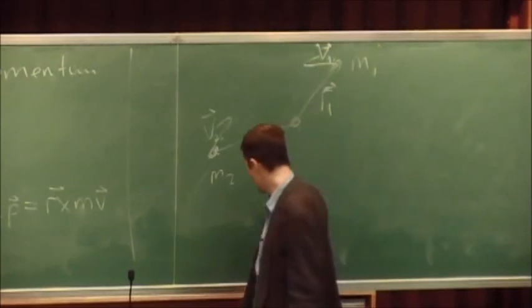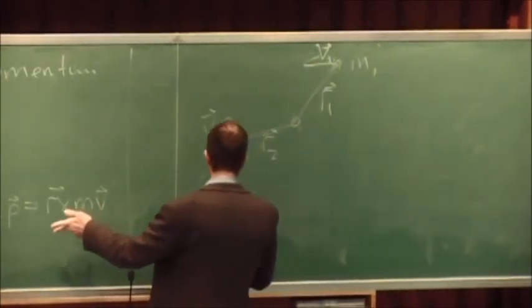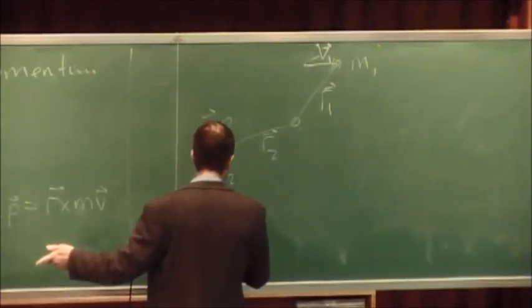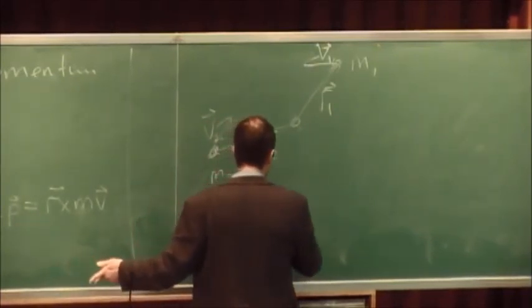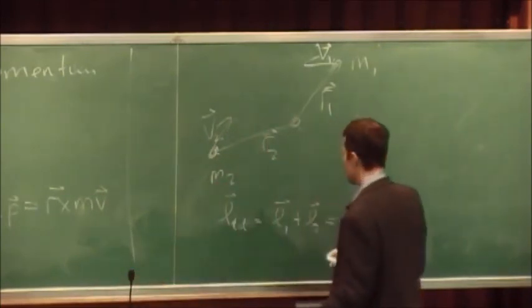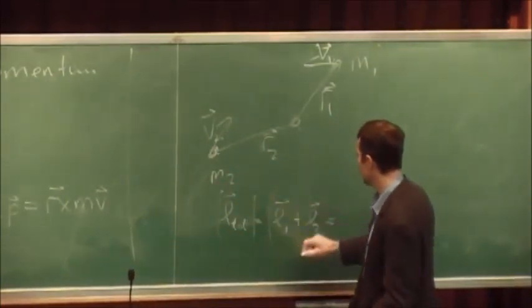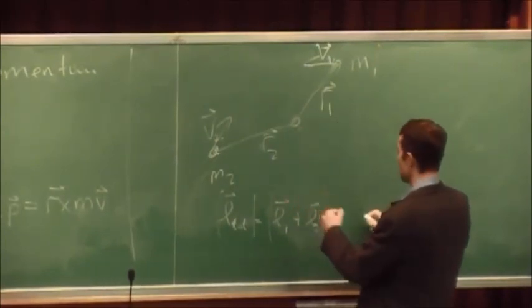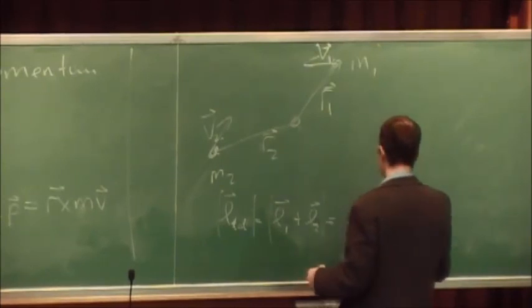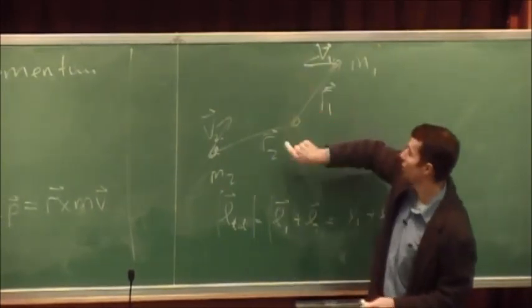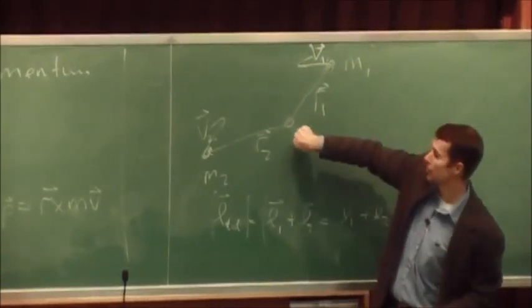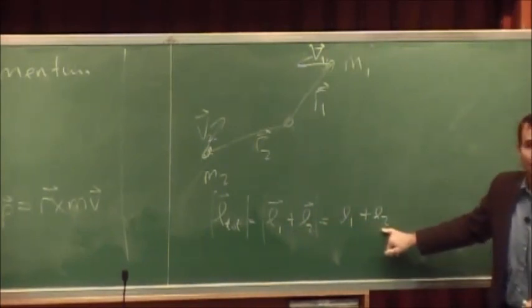Now, the same type of thing that we did before, if I simply want to find L total, that's just simply L1 plus L2. And in this particular case, if I want to find its magnitude, all I'm going to do is simply add L1 plus L2, since they are both in the same line, right? L1 is coming out and L2 is going in, and so we can just add them linearly. We don't have to add components. Okay?